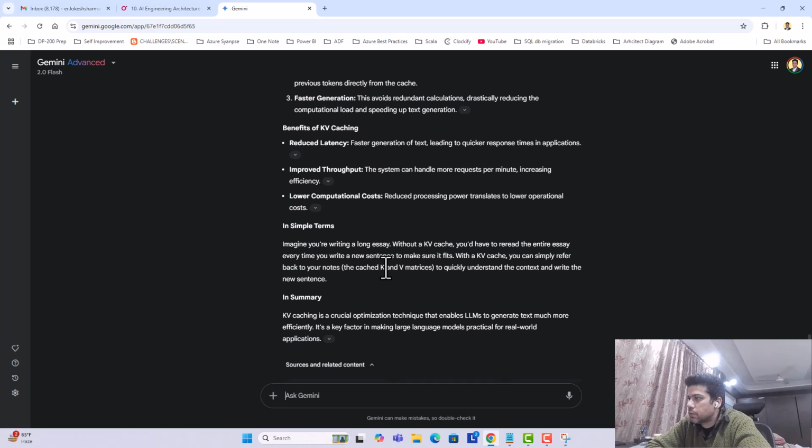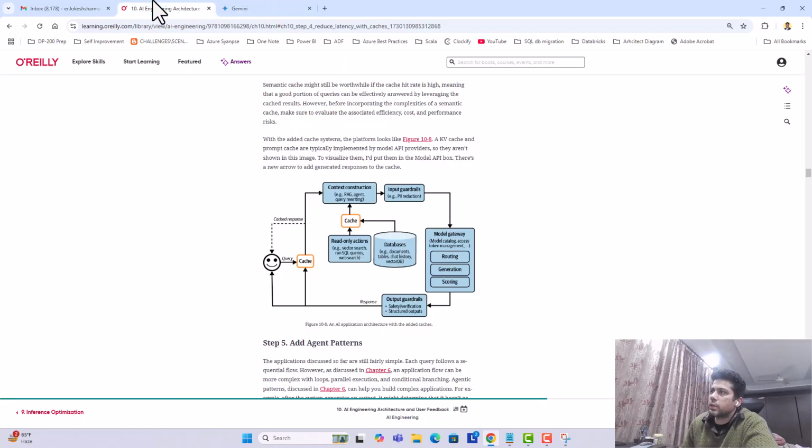It's a key factor. Imagine you are writing a novel. You would have to reread the entire essay every time you write a new sentence to make sure it fits, or you can simply refer back to your notes to quickly understand the context. So maybe the KV cache is different.